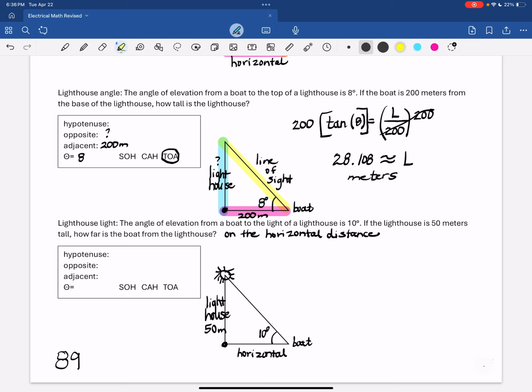So we have hypotenuse, which is not relevant here. We have horizontal, and then we have the lighthouse itself. Lighthouse is opposite, and it's 50 meters. Adjacent is what we're looking for, and 10 degrees is theta, so we want to use TOA. The tangent of 10 is equal to the opposite, the 50, over the adjacent. So I'm going to use D for distance.